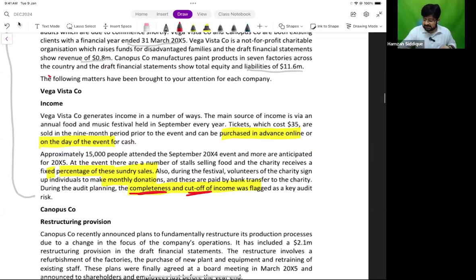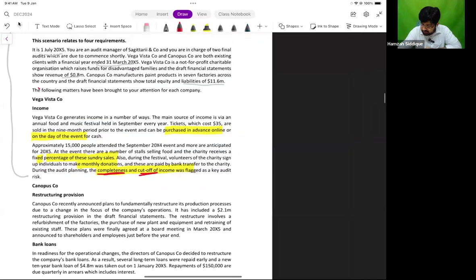Now, if I point out the issues here, they sell online, they sell for cash on the day of the event as well. Okay, cash, two ways. They said that around 15,000 people attended.